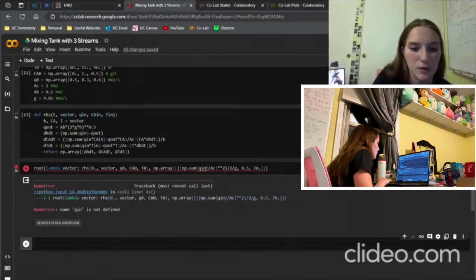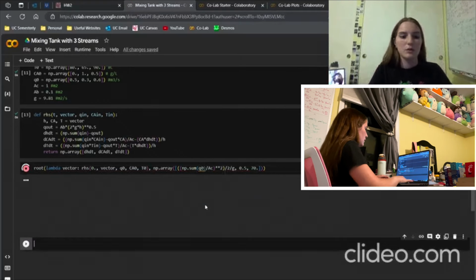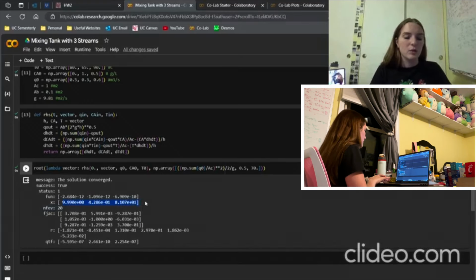Qn is not defined. Oh, this should be our Qn naught. Okay, so now we can see that the x values are what we're looking for. So this is our height, this is our concentration, and then this would be our temperature.